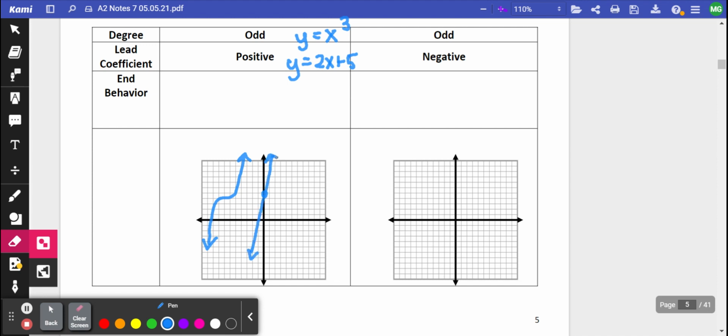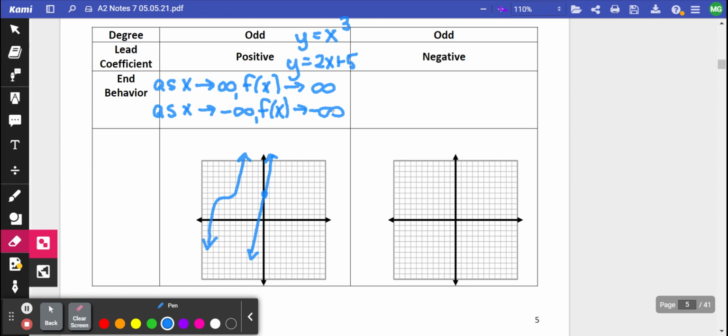What do you notice about the end behaviors? Hopefully what you notice is that they're going in different directions. So as we move to the right on our graph, our height increases. So as x gets bigger, approaches infinity, the height of the graph goes to infinity. It's going up forever and ever and ever. As x approaches negative infinity, so as you're moving left on the graph, the height is going down. So f of x approaches negative infinity.